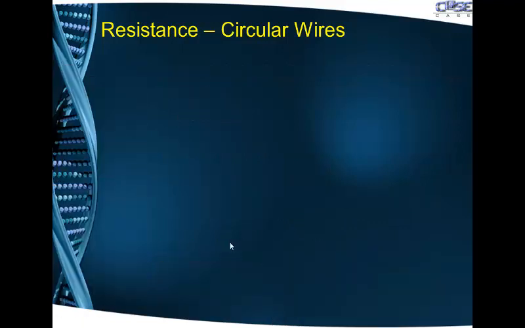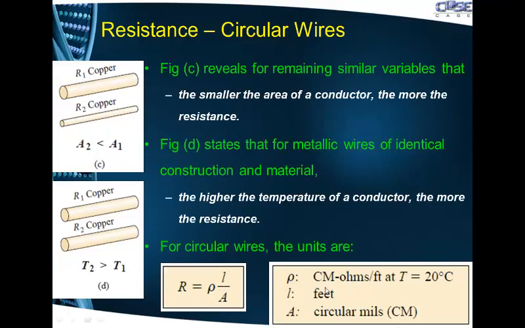Then we talk about the units of resistivity, which are specified in circular mils ohm per foot, where circular mils are the units of the area and feet is the unit of length.